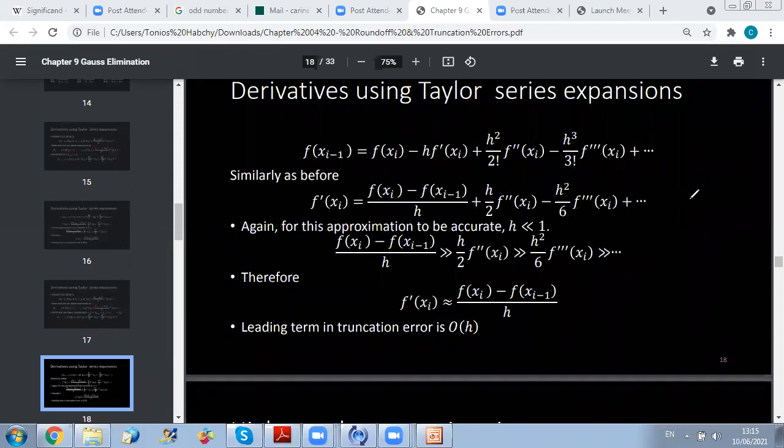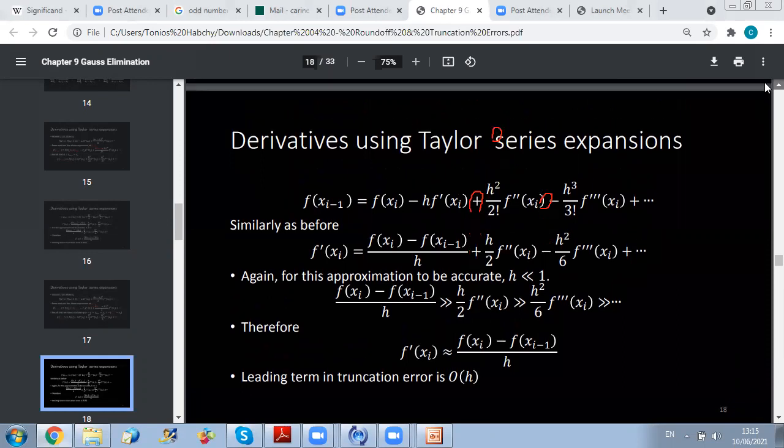It's repeating itself. Here you will see that in this case we will have alternating signs, plus minus. Why? Because delta x here is minus h. When you have an even power, the minus will cancel out, while when you have an odd power, it will give you a minus.